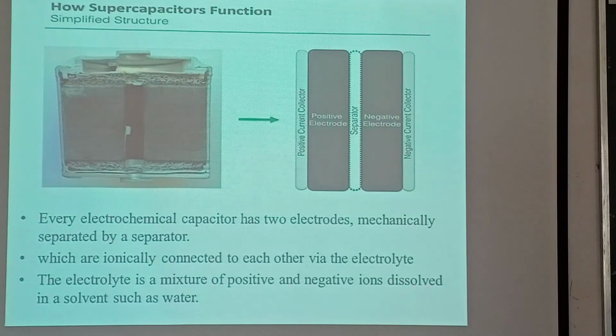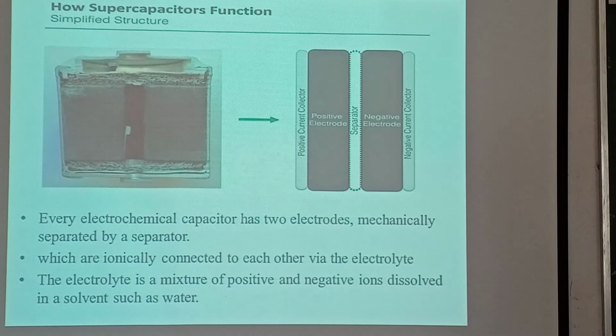So how does a supercapacitor actually function? This is the actual pictorial diagram of a supercapacitor, and this is the schematic diagram, where the positive current collector, the negative current collector, the negative electrode, the positive electrode, and the separator are shown. Every electrochemical capacitor has two electrodes mechanically separated by a separator, which are ionically connected with each other, and an electrolyte.